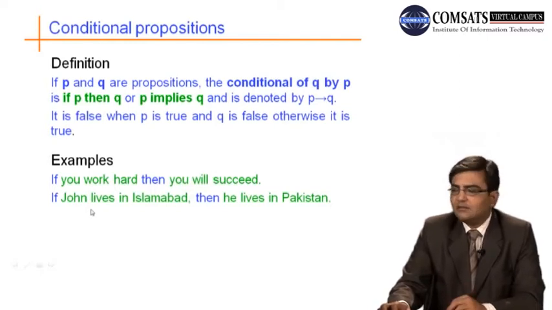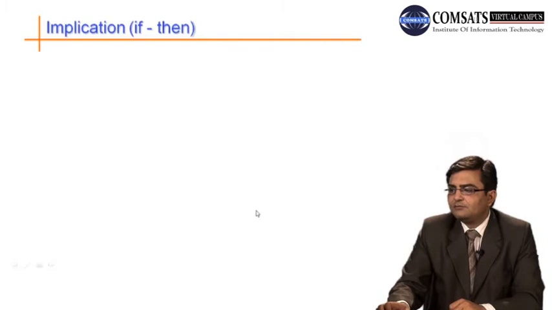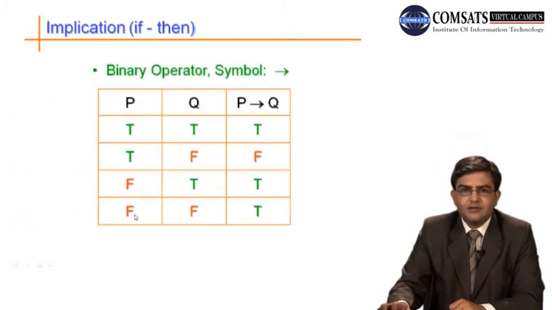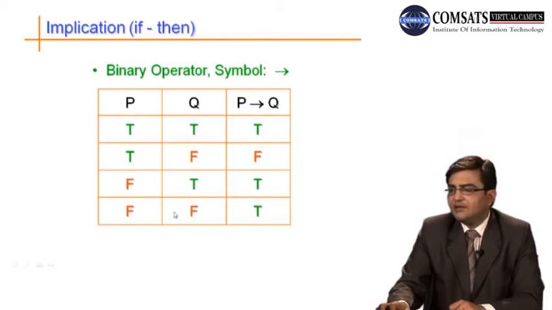Then again, even then he lives in Pakistan. So this conditional statement is true if hypothesis is false but the conclusion is true. In the next case, when hypothesis is false and conclusion is false, means if John doesn't live in Islamabad, he doesn't live in Pakistan. Both hypothesis and conclusion are wrong. In this case, the implication or conditional statement is also true.